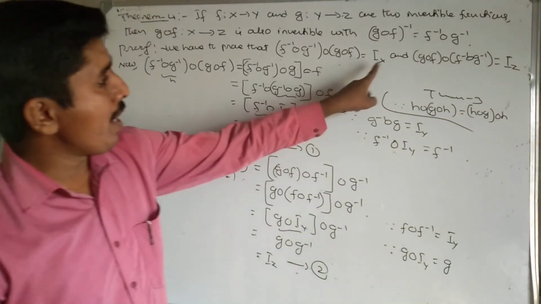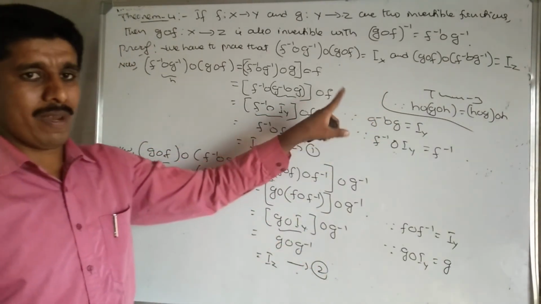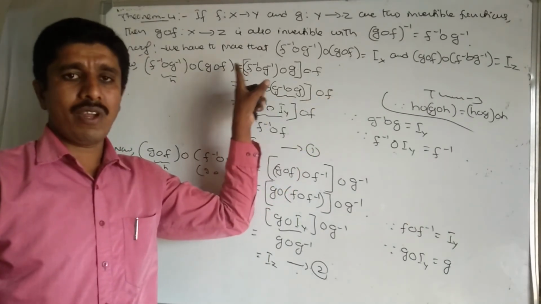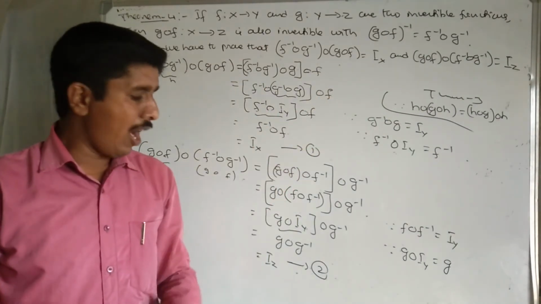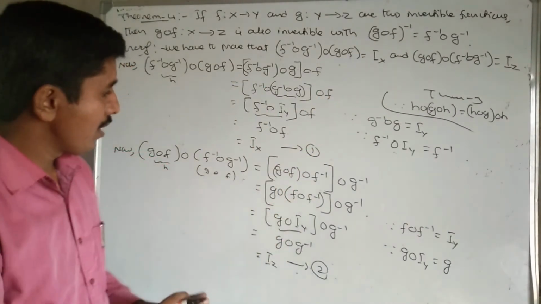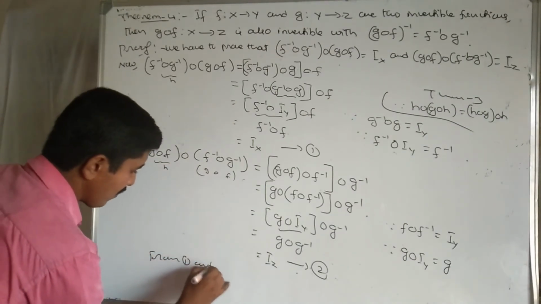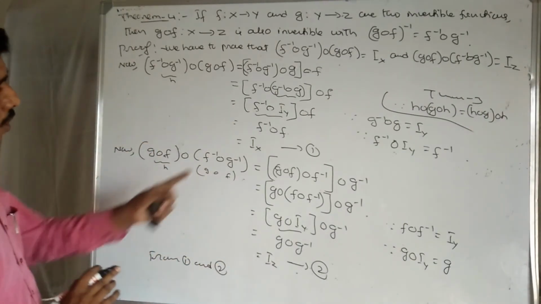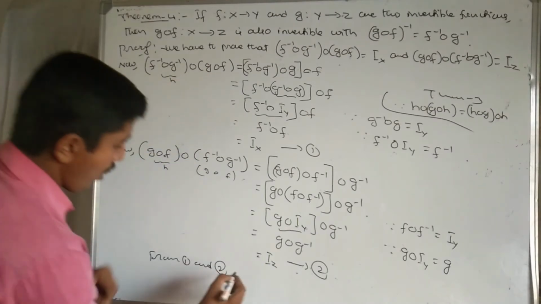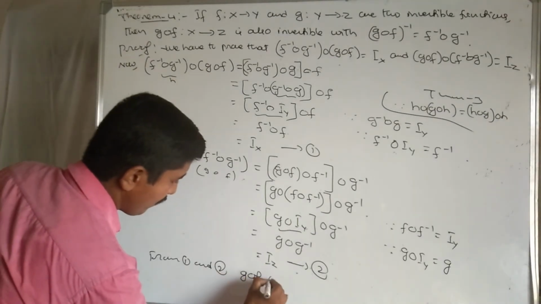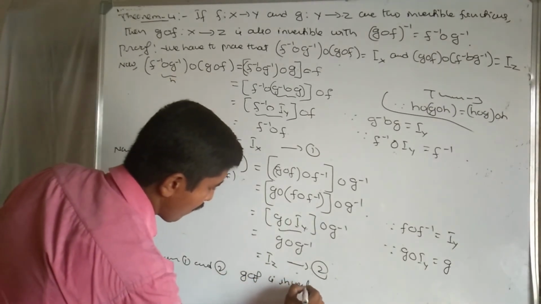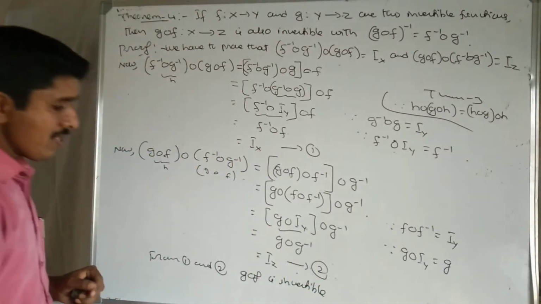From equations 1 and 2, I explained this before starting this problem, how it is invertible. From equations 1 and 2, clearly G o F is invertible.